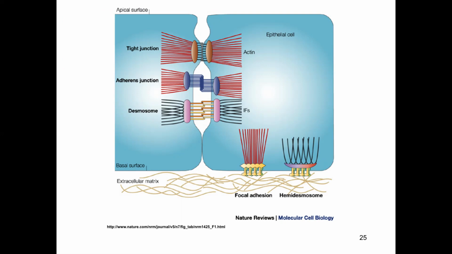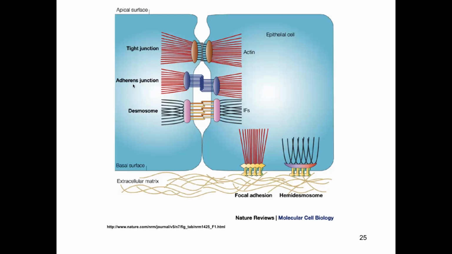All right. Now, these tight junctions, there's a number of proteins that make these junctions. Now, these will form a tight seal. You can see in my notes, they connect the cells to each other, but also to the cytoskeleton, specifically to actin. All right. So that you can see here.